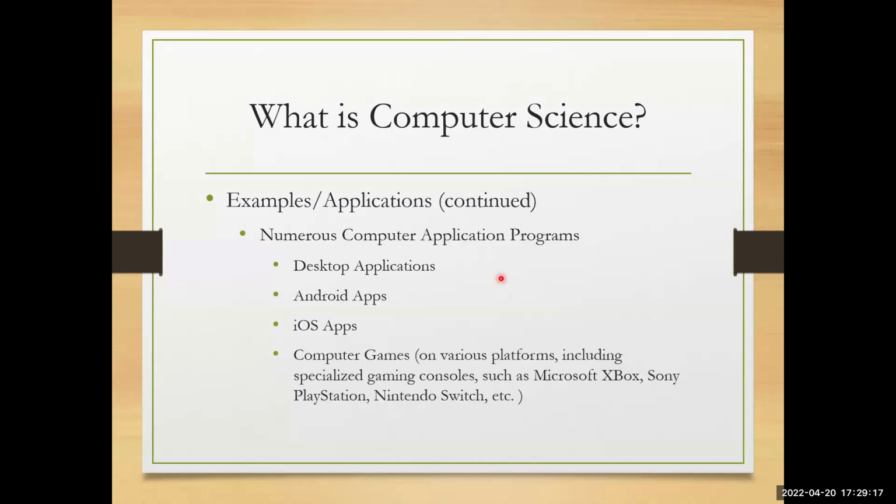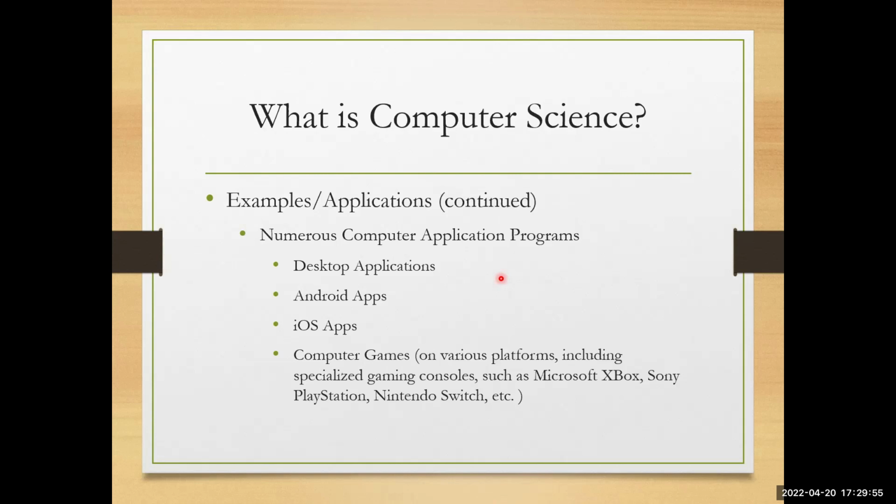Of course, we have many other applications, like all the desktop applications you are using, which are developed by computer science majors or computer scientists. We also have Android apps, iOS apps, right? And we also have specialized applications like computer games. I believe this is what you are very familiar with, right? These computer games can, of course, run on various platforms, including specialized gaming consoles such as Xbox, PlayStation, or Nintendo Switch.